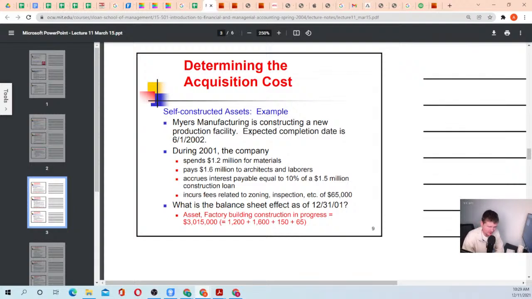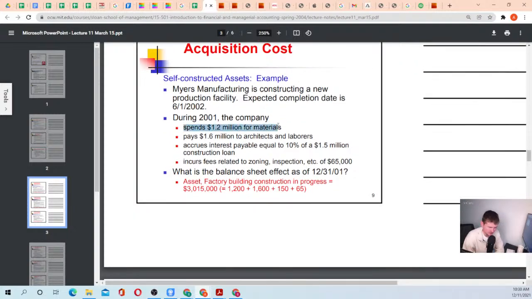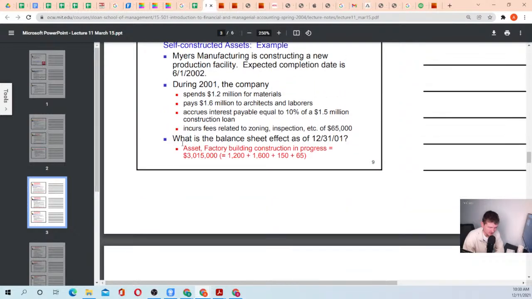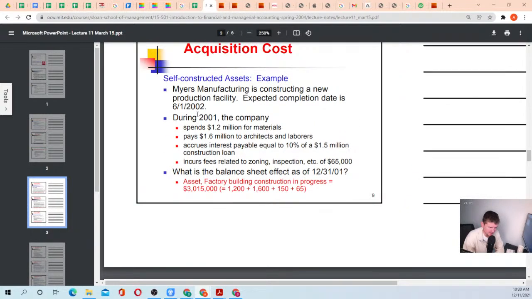Myers is constructing a new production facility. Expected completion date is 6/2002. We spent 1.2 million for materials, 1.6 million to architects and laborers. Interest payable equal to 10%. Incurs fees related to zoning inspection, etc. Basically, in that example we have a capitalization of all of these items. So we capitalize material expenses, we capitalize direct costs of our asset's construction.